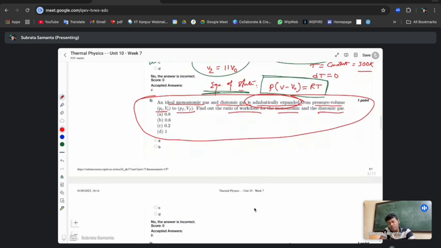So for an adiabatic process, PV to the power gamma equals a constant, where gamma is the adiabatic index. So this is the adiabatic process.